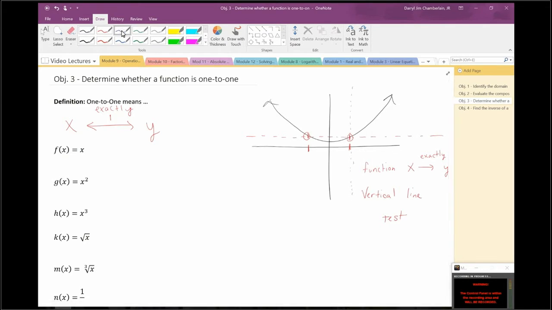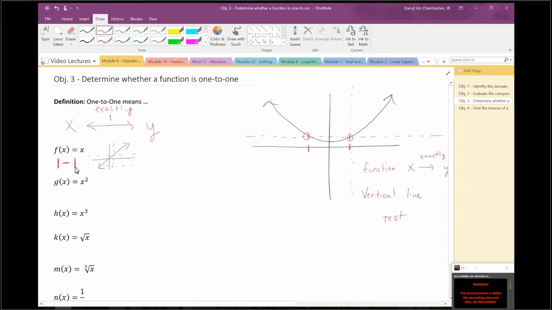f of x equals x. Well, does this pass the vertical line test? Yeah. Every vertical line only touches it once. And every horizontal line only touches it once. So is f of x equal to x one-to-one? Yes.